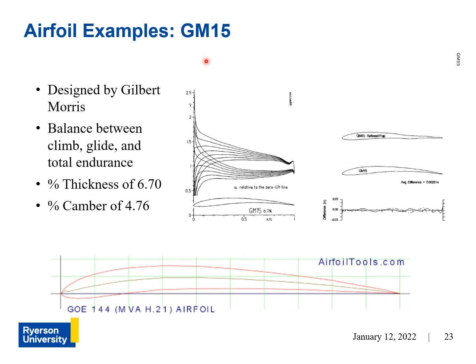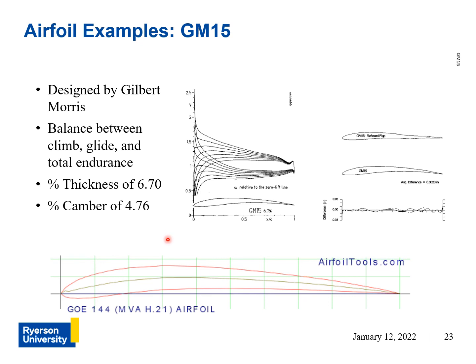So our next airfoil is the GM15, and it's designed by Gilbert Morris and has a good balance between climb, glide, and total endurance. Now its geometric properties are that it has a percent thickness of 6.70 and a percent camber of 4.76.